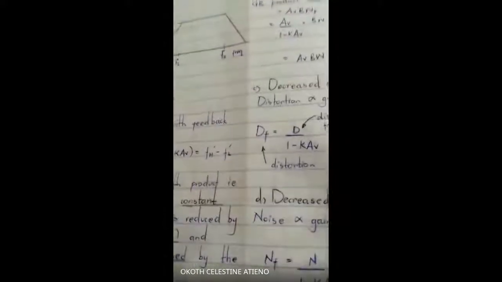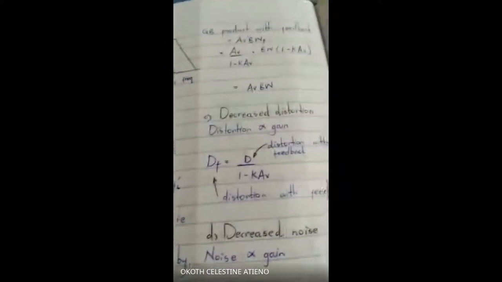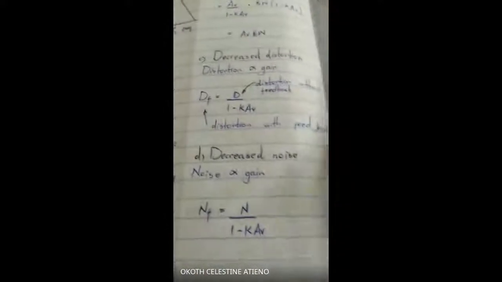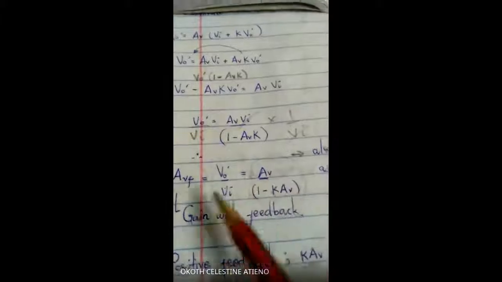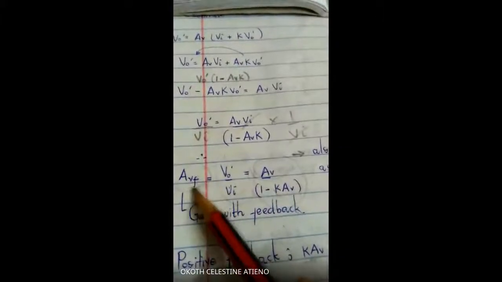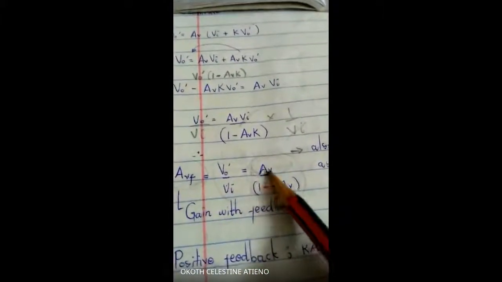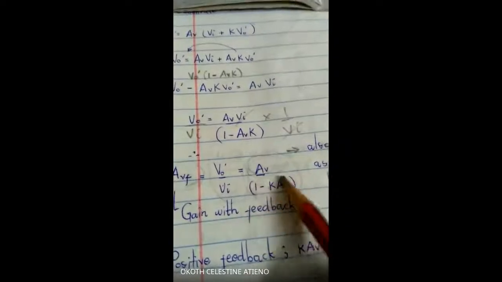Another thing I'd like you to remember is we've said gain reduces by a factor. From this equation, we've realized that feedback will reduce the gain without feedback by this factor.